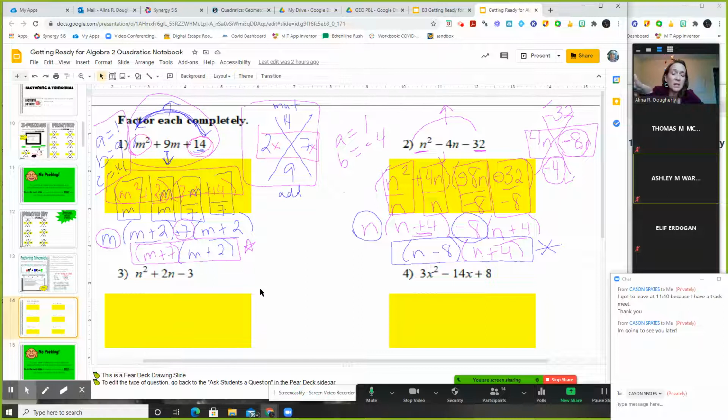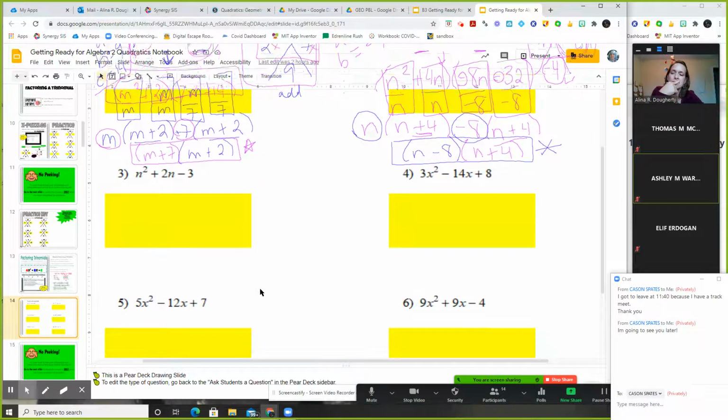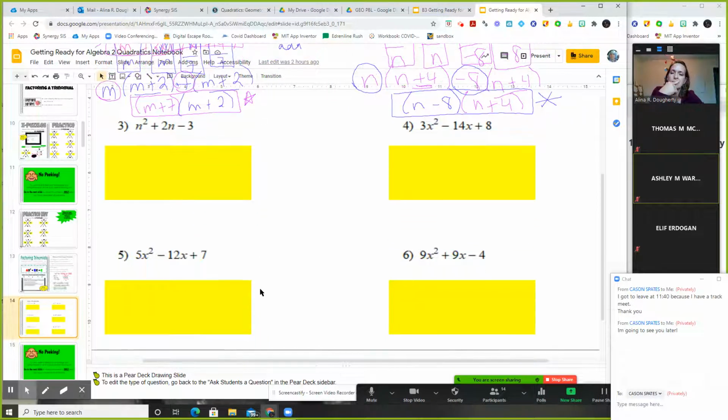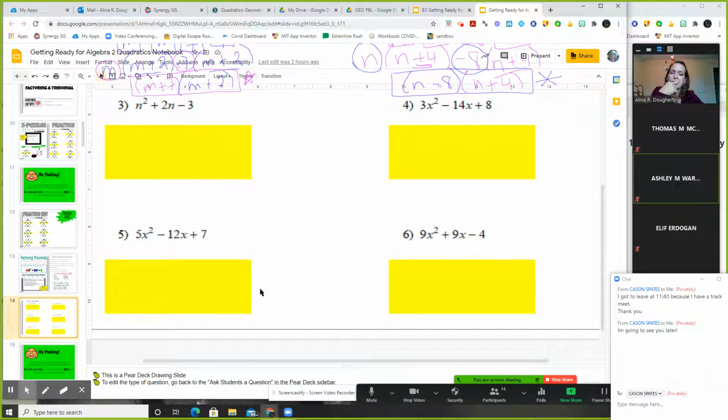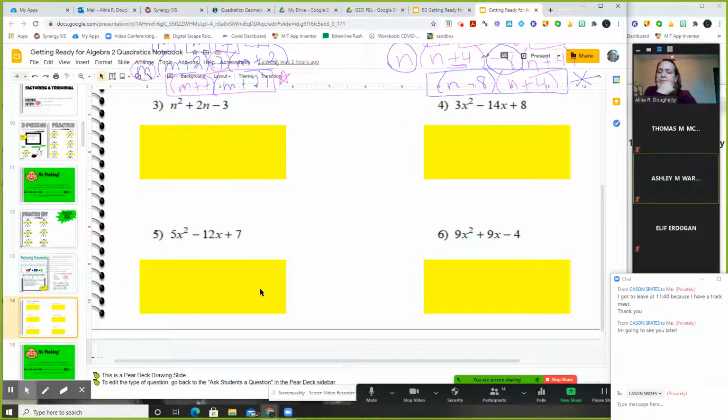If you're already kind of thinking you know how to do question 3, go ahead and start it out. Write it down, identify the A, B, and C. So if we write it out, we've got the A equals, the B equals, and the C equals.